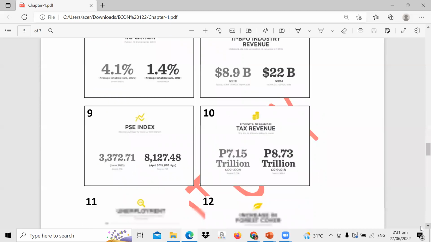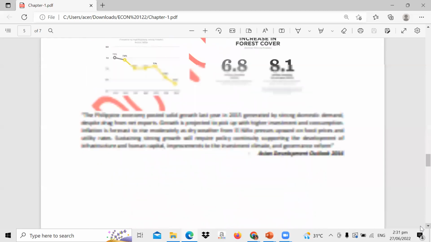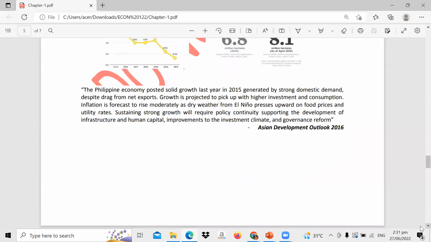Now, if you're going to ask me, Miss, what can you say about the growth of the economy during Noynoy and Duterte? Now, nindot ang start, good ang buwelo sa administration ni Duterte, pero pandemic magud happens and dili lang siya sa Philippines. It affects the rest of the world.